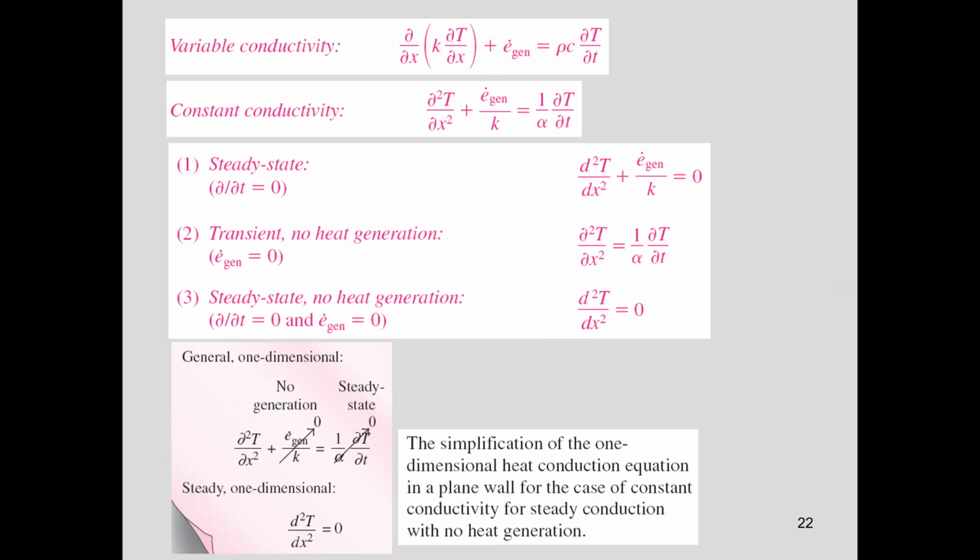For transient and no heat generation, or steady state and no heat generation, it becomes much easier. The simplification of the one-dimensional heat conduction equation in a plane wall for the case of constant conductivity, for steady conduction with no heat generation, is basically only d2T by dx2 equals 0.